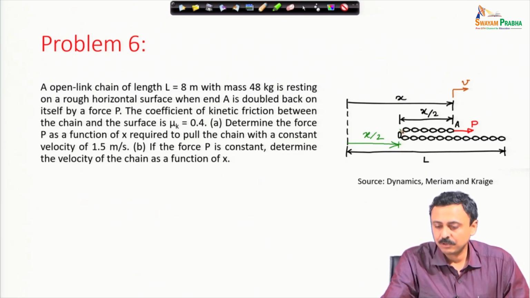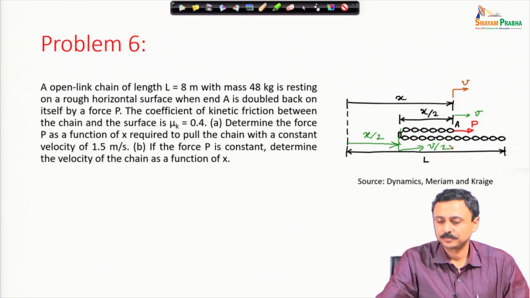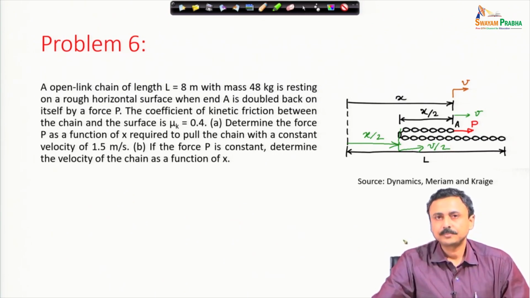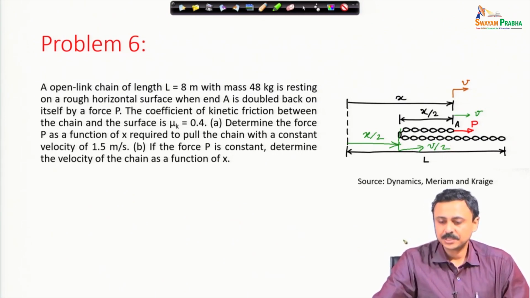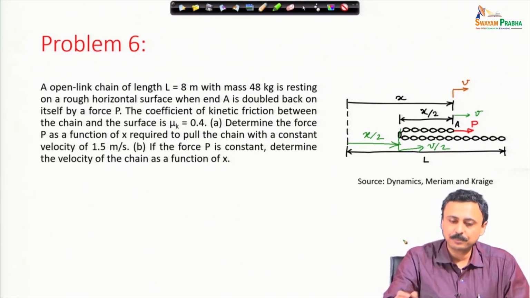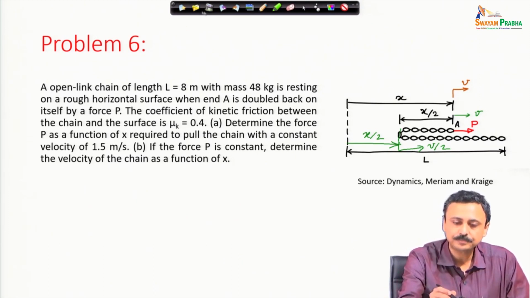Therefore, what is the velocity of this bend? The velocity of this bend is v by 2. If point A is moving at velocity v, the bent portion is moving at a velocity v by 2. This has to be realized; this is an important step in this problem.